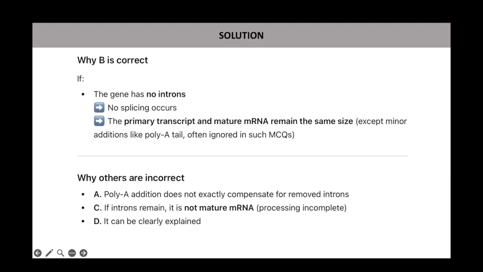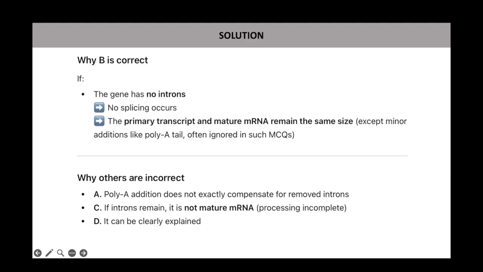A poly A tail is usually 16 to 18 nucleotides, but introns can range from 50 base pairs to sometimes 300 base pairs, and they can even be longer. And not just a single intron, there can sometimes be multiple intron regions. That is why addition of a poly A tail cannot be compared with the removal of introns, and option A is incorrect.